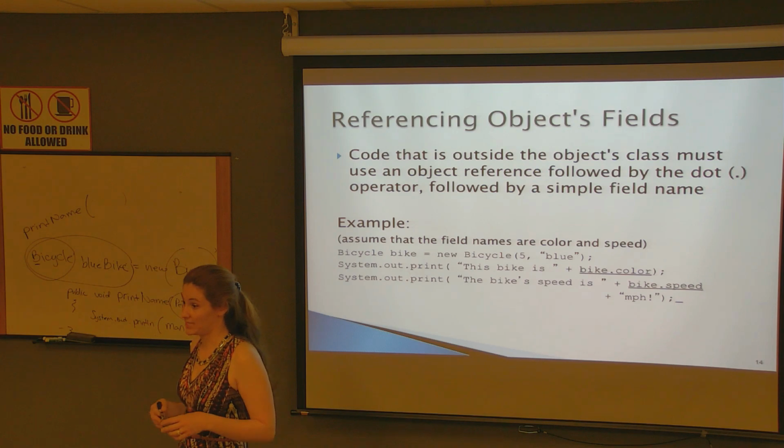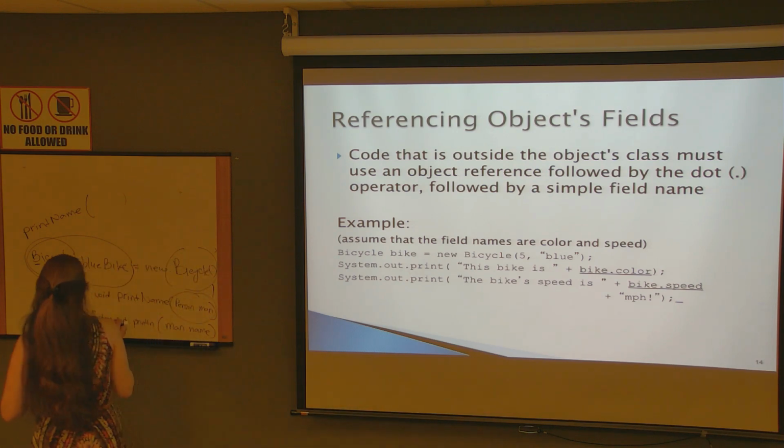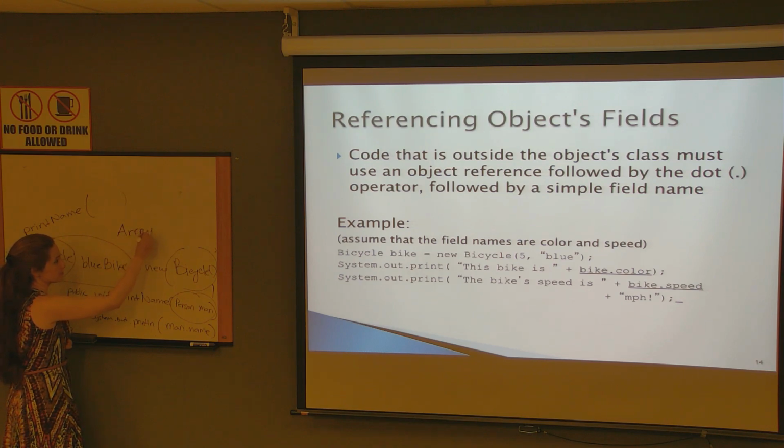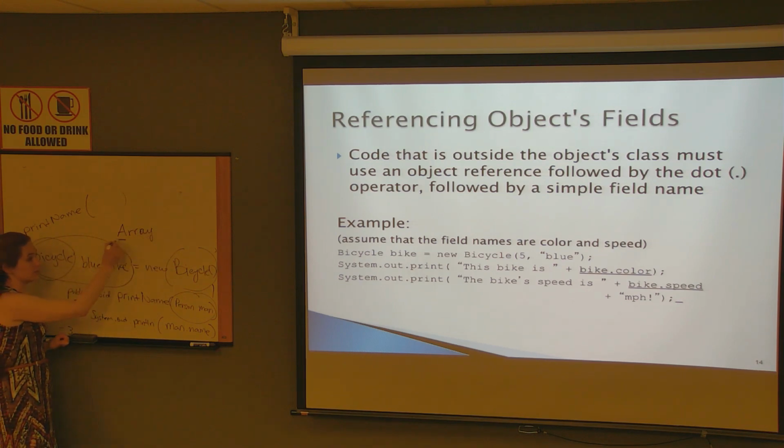Arrays are special, right? In Java, if you look at it, the data type is Array, with a capital A. That's how you know it's actually an object. Everything that's lowercase, you don't have to do that.